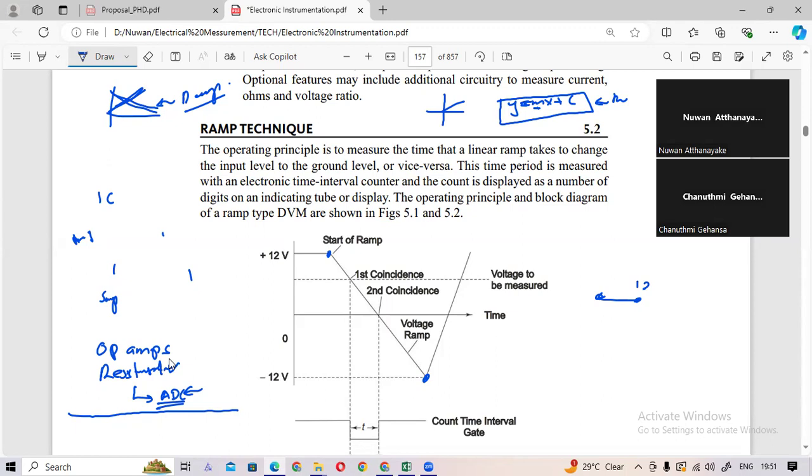Then let's say we have some input voltage value. Once the V in, this given voltage, is equal to the voltage generated by the unit, so there should be a signal generator, that signal generator signal is equal with this voltage.